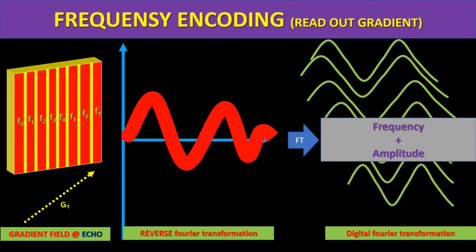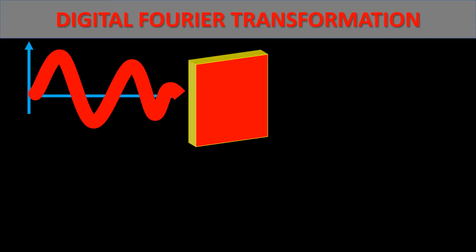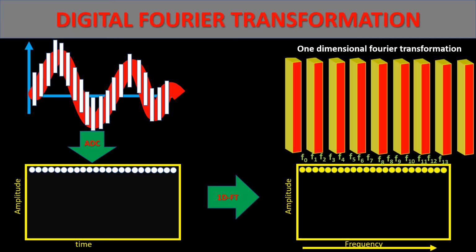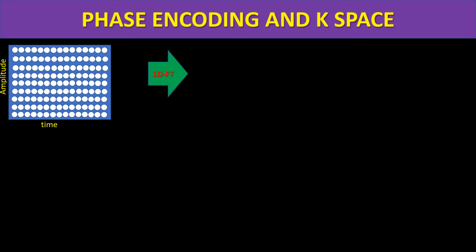So after doing the frequency encoding and slice selection, what I did now is I gave a phase encoding.